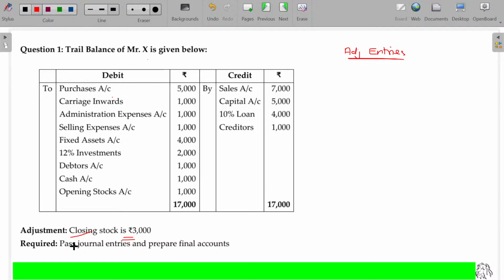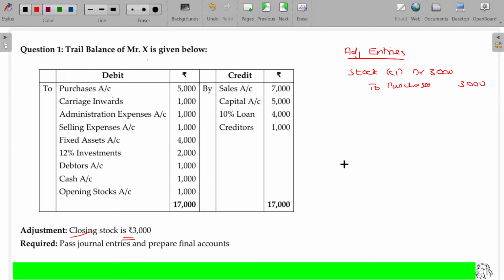Purchases is a debit balance, so to reduce it, it should be credited, right? So, to purchases. If purchases is going to be credited, which account is going to be debited? This closing stock account.